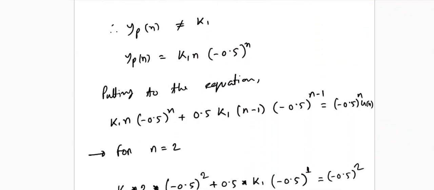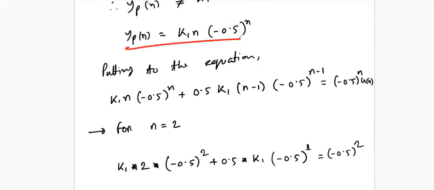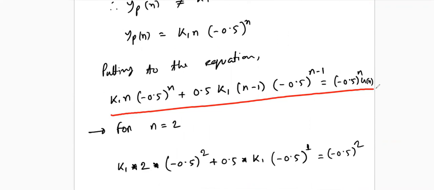Now you follow the same pattern, putting this value y_p[n] into the main equation. As I already mentioned, if you take n equals 0 or n equals 1, you will miss some terms.